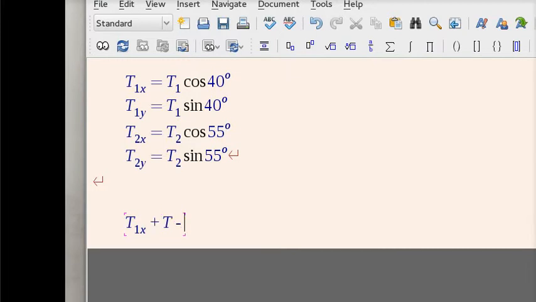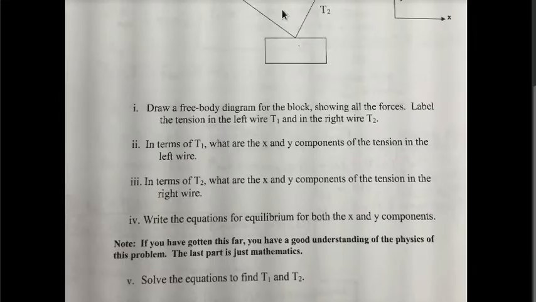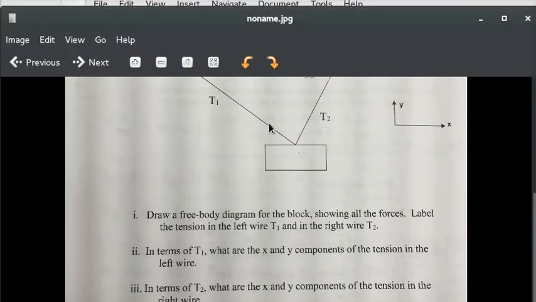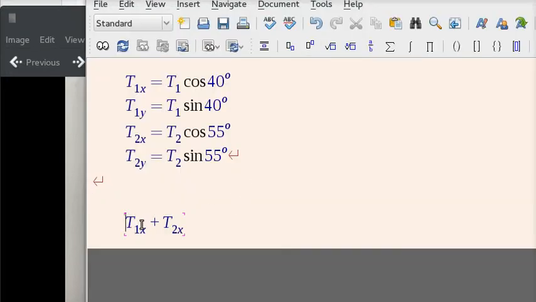Well, before I write plus, which one is to the left? T1 has a leftward x because it's from here to the left. And T2 is from here to the right. So let's make that negative. To the left, to the right.